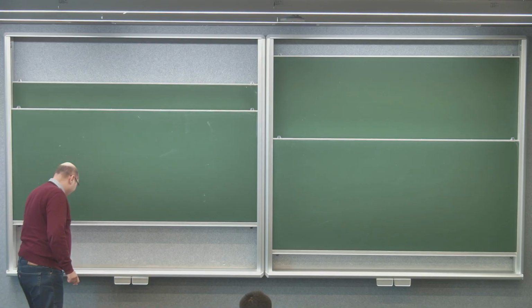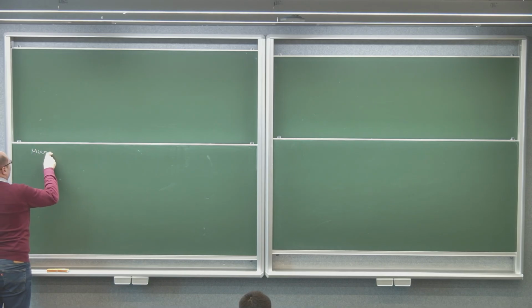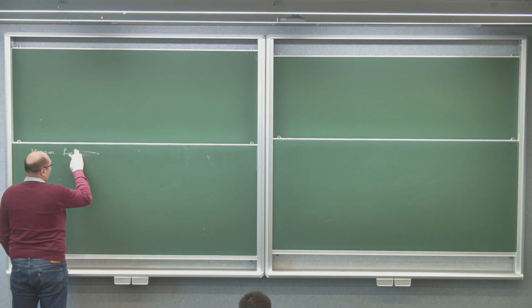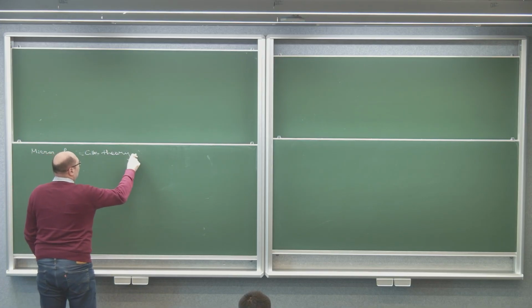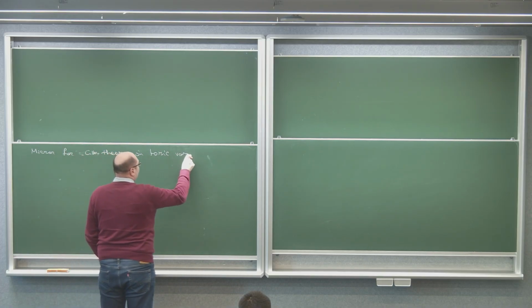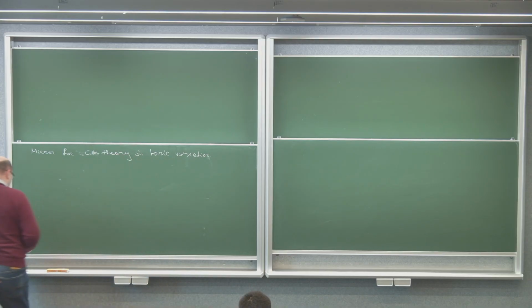Okay, so let me recall what we did in the last lecture. For the last lecture, we talked about mirror symmetry, or homological mirror symmetry, for toric varieties.